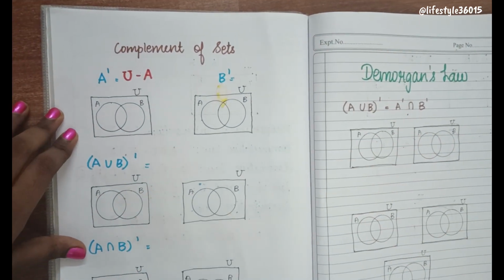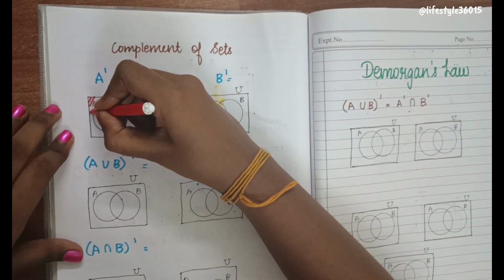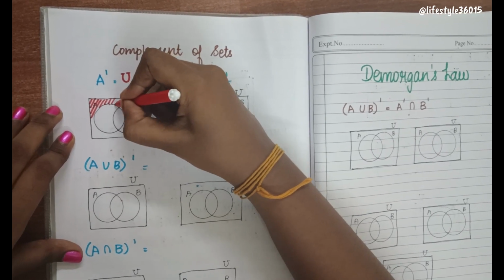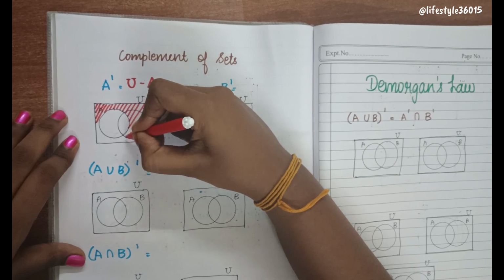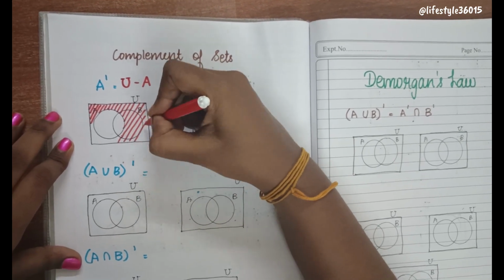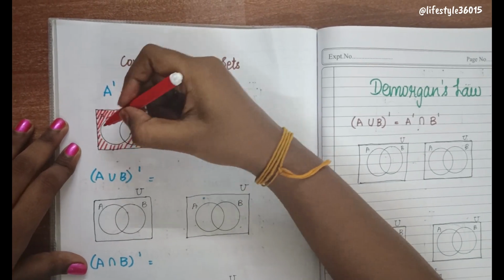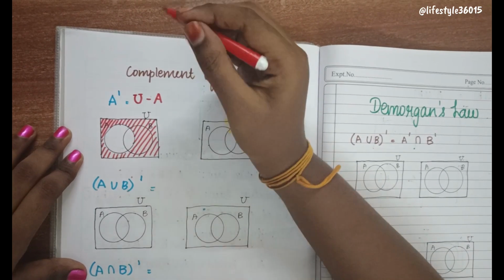Then how do we do it in the Venn diagram? Yes, we will not shade the A set. We will shade the regions except the A set. Note it down carefully. We are shading the regions that do not contain A set, right? This is how you shade A dash.